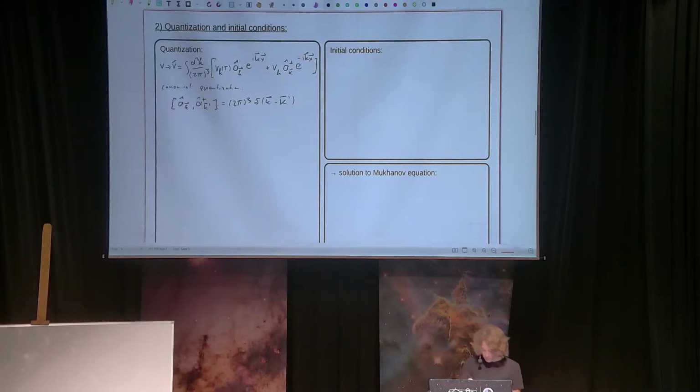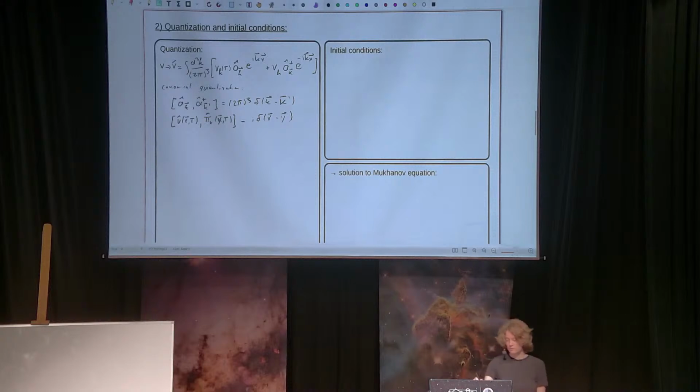And the commutator of v(x, tau), together with its conjugate momentum pi_v, an operator of (y, tau), is i delta of x minus y.